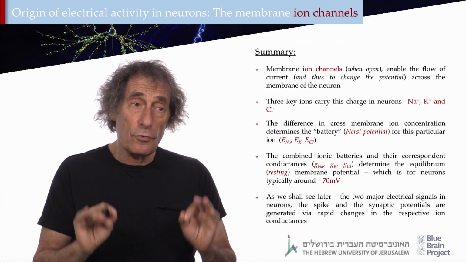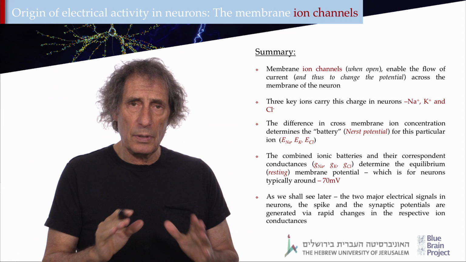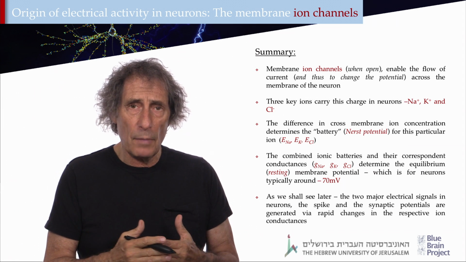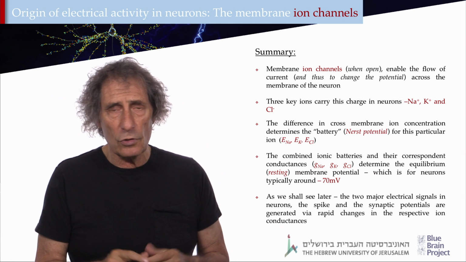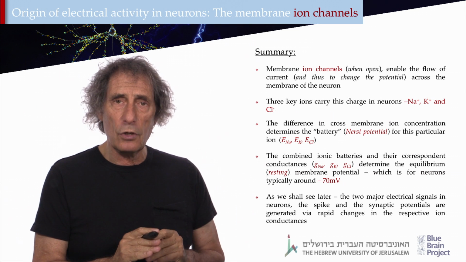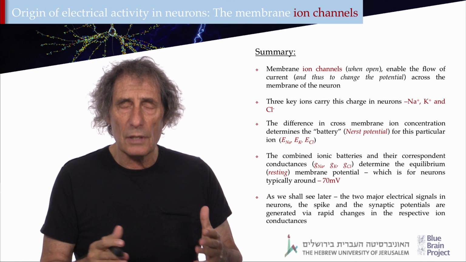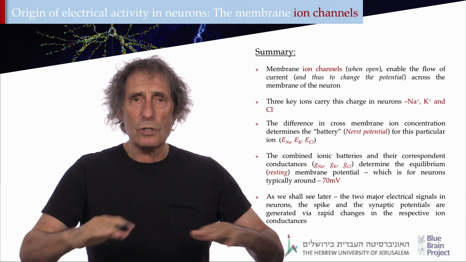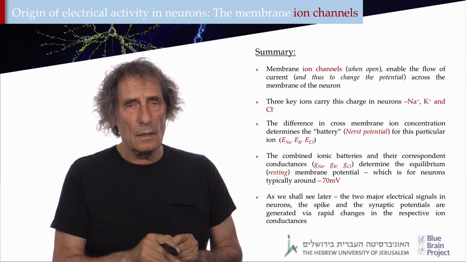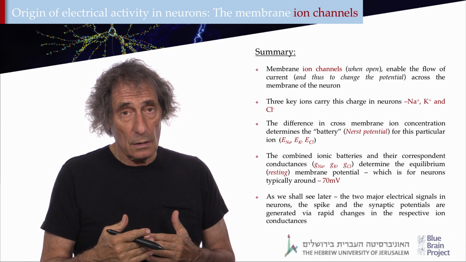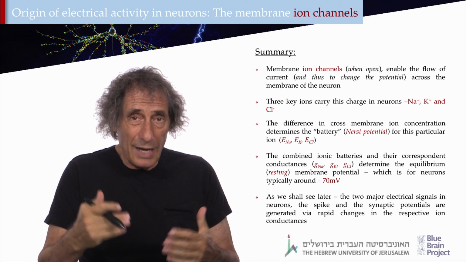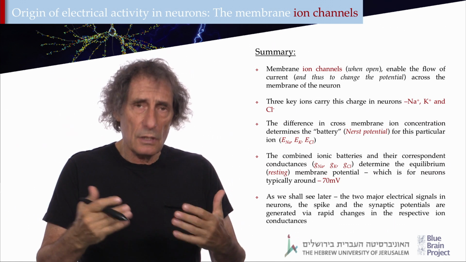And I told you that the three key ions that play a role in determining the potential of biological membranes, of the neuronal membrane, are sodium, potassium, and chloride. There are other ions, for example calcium, but for the resting potential at least, these are the three most important ions.